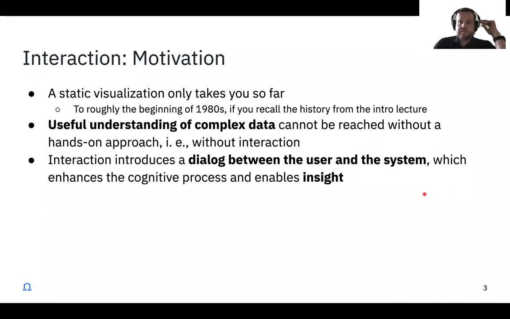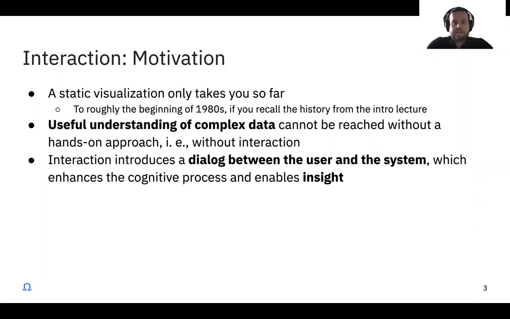So the motivation for interaction is as follows. A static visualization only takes you so far. If you paid attention to the history section of the first lecture, this means roughly to the beginning of 1980s, when data started becoming a bit more complex and computers have started becoming powerful enough to tackle larger data.